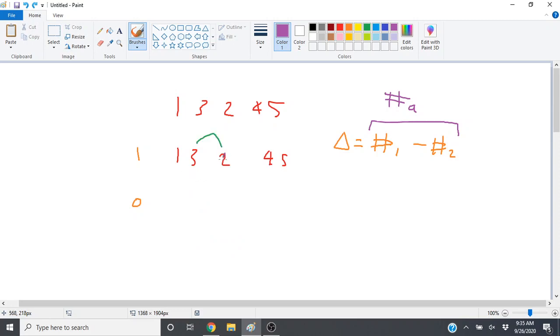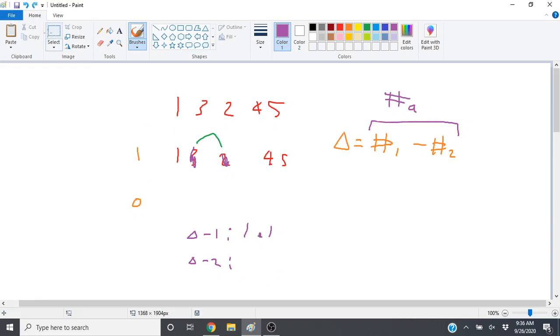If we move the 2 over, the same goes here because we still lose this pair. So in either case, if we move one of the elements over, delta decreases by 1. And if we move both of the elements over, then we lose this pair in this array and we gain it in the other array, which means that this inversion count decreases by 1 and this one increases by 1. So if we move both, delta decreases by 2. That was for 1 element, and this is for 2 elements. So the change in delta is exactly proportional to the number of elements we remove in each pair.